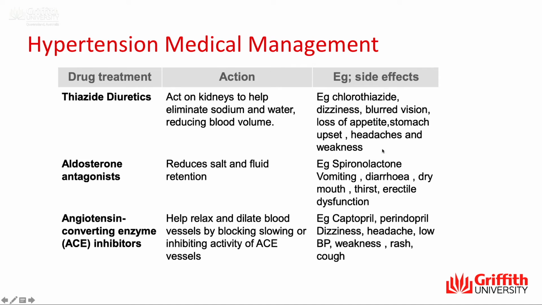We've got some side effects here. Aldosterone antagonist, so that just reduces the salt and fluid retention. And we also have the ACE inhibitors, which help relax and dilate blood vessels. Again, just being aware of a few drug names and also some side effects.